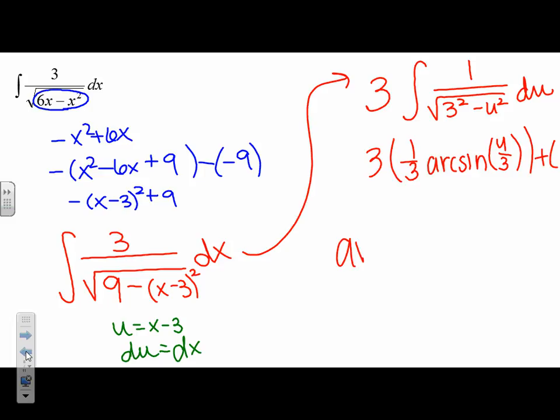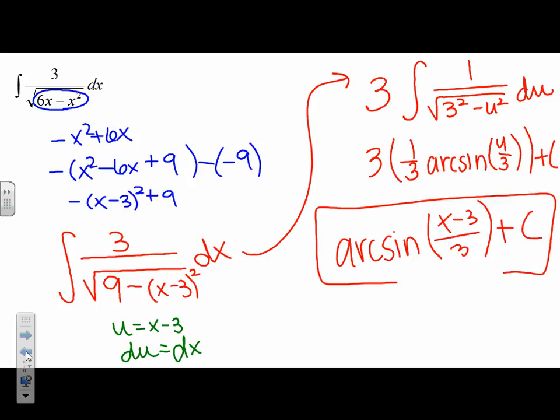So we have arc sine of x minus 3 over 3, plus. Wait 1 second. Hmm. Never mind. I got it. I said 1 second. Yeah, I figured it out. Okay, all you needed was 1 second, right?